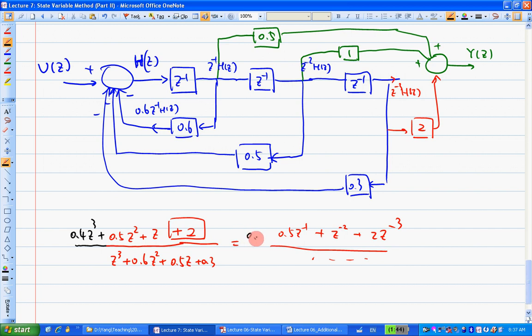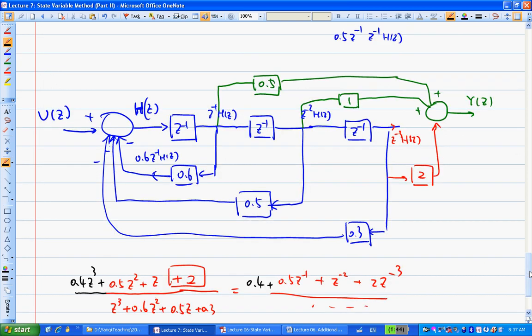So that'll be 0.4 over here, right? Then, based on this diagram, where should I add the additional block? H of z. Where would you draw it? Here? Yeah, before the, that's right. And here is 0.4. Is that clear?